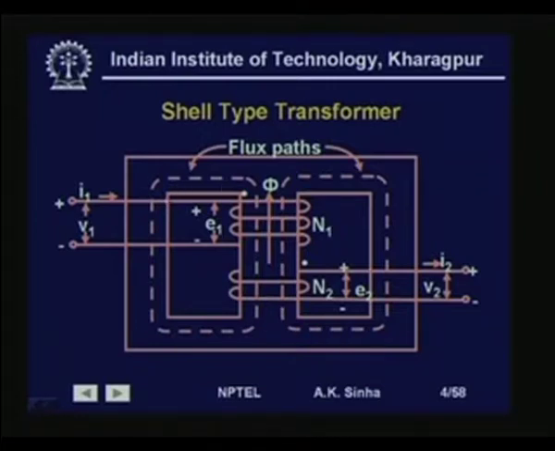One type is called the shell type transformer, where the core, as you see here, is made up of iron stampings, and there are two windings, the primary winding where current I1 is flowing, and a secondary winding where current I2 is flowing. These two windings are put on the central limb, that is, the winding is surrounded by the core. This kind of transformer is called a shell type transformer.